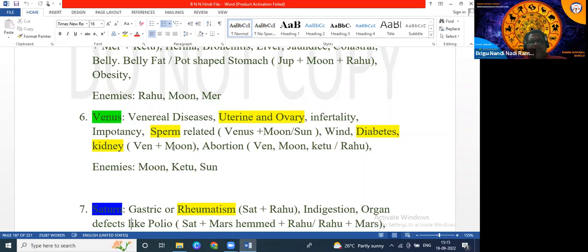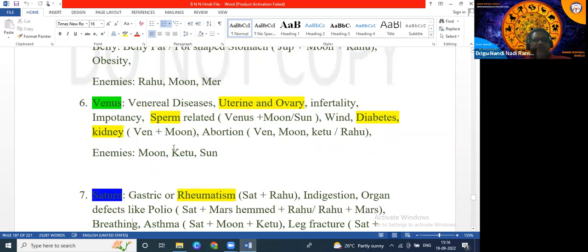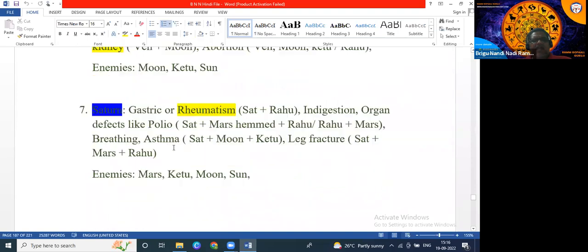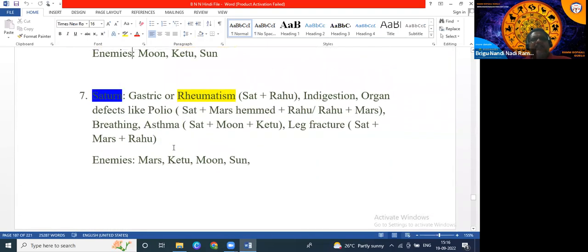The artificial steel rods will be fixed in the place of bones. So Ketu is steel rod, which is generally used by surgeons at the time of replacement of certain bones or any parts in our body. So Venus with Ketu, uterus removal. Moon plus Ketu, breast removal. Like that. And when it comes to Saturn, Saturn is enemy with Mars, Ketu, Moon, Sun.